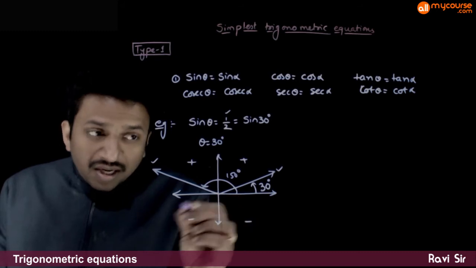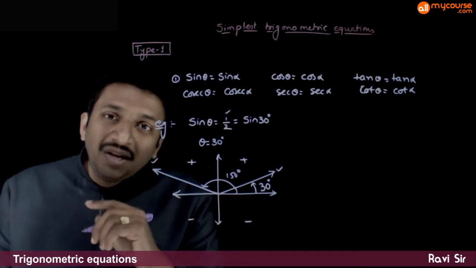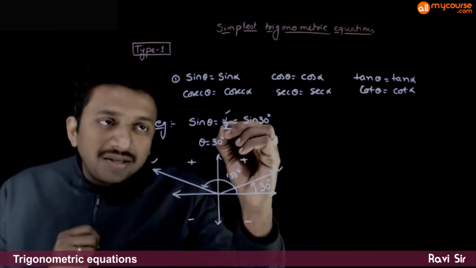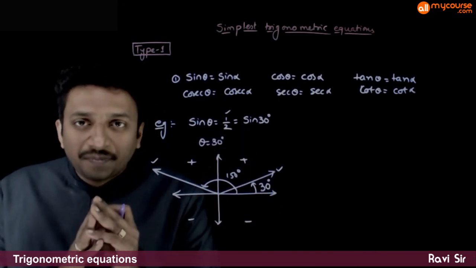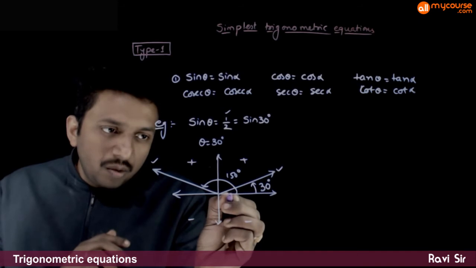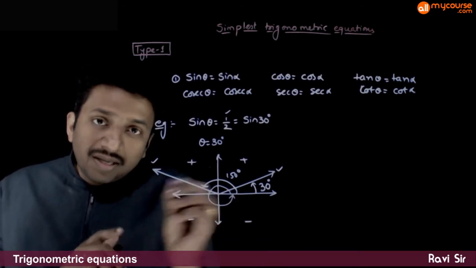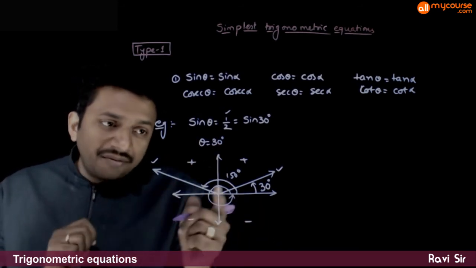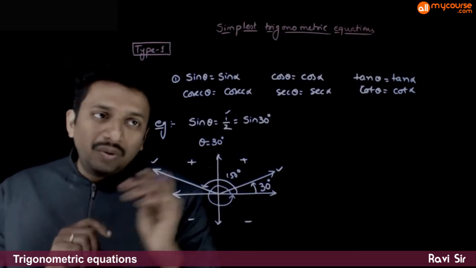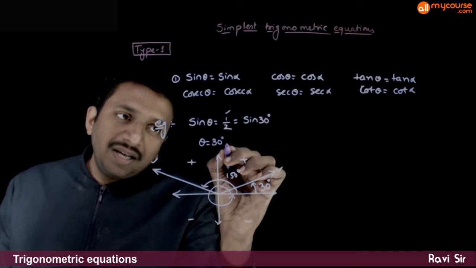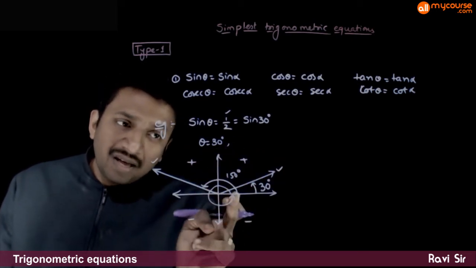For the positions in the third quadrant and fourth quadrant, sine theta will be equal to minus half. I want sine theta equal to plus half, so I'll take these two positions as my required positions. Within one complete rotation, sine theta becomes half at two different positions. So the answers are theta is equal to 30 degrees as well as 150 degrees.